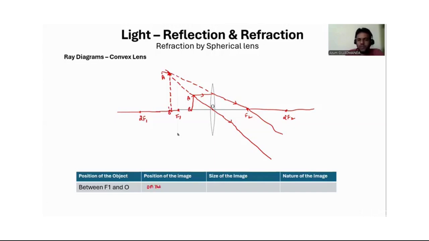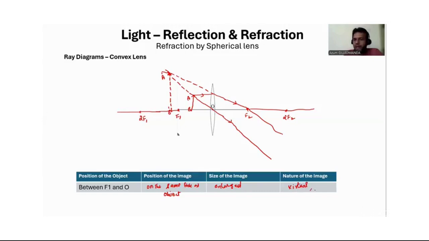It can be anywhere on the same side as the object, and the size of the image is enlarged or magnified. Right, guys? And then what is the nature of the image? This is the only scenario where we will get a virtual image in a convex lens.